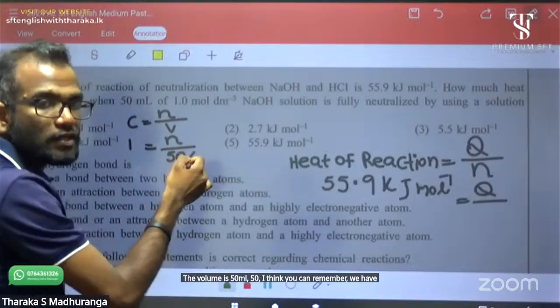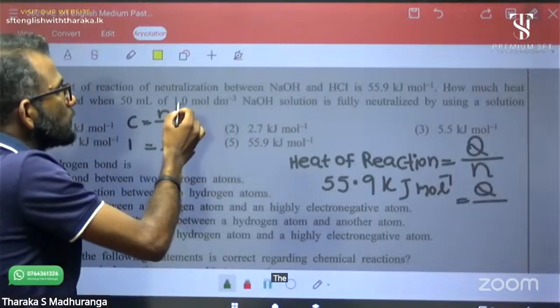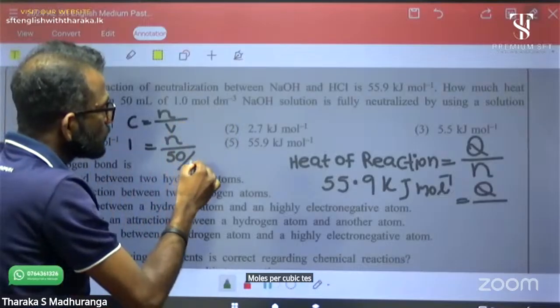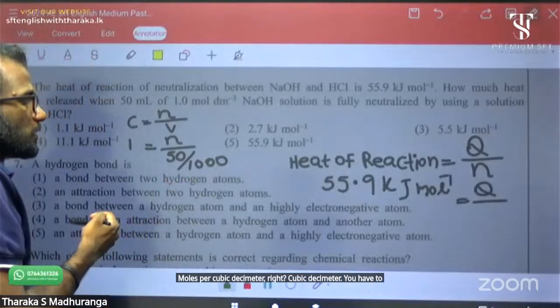We have to convert into cubic decimeters because the concentration unit is moles per cubic decimeter. Divide by 1000 to convert into cubic decimeters.